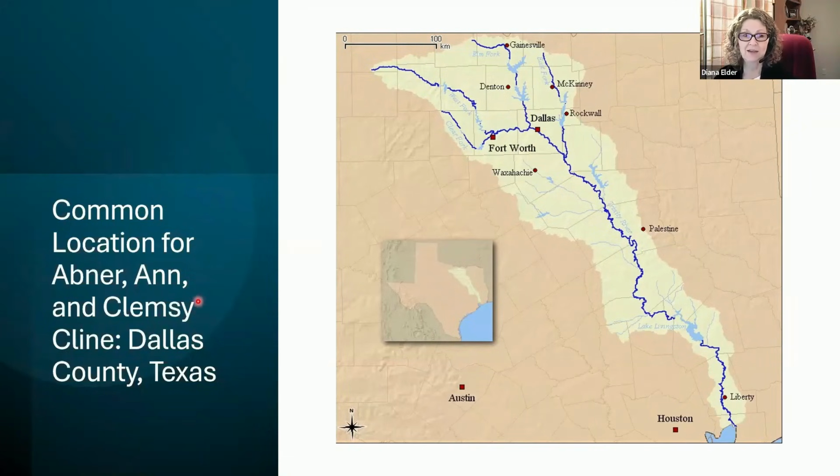And in fact, the sister Ann and Clemcy are in the very same township of Saline Township. And so putting all these things together, possibly this family migrated together, maybe at different times, but they all end up out here in the same general area of Dallas County, Texas. Add some more evidence to the fact that this could be Clemcy's family.